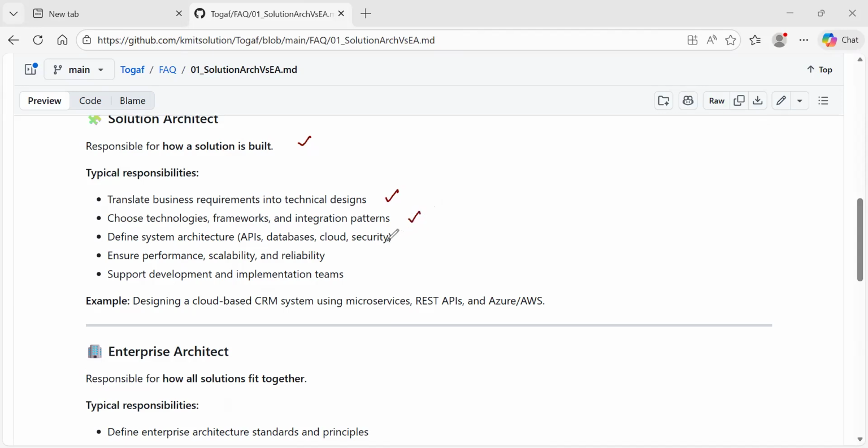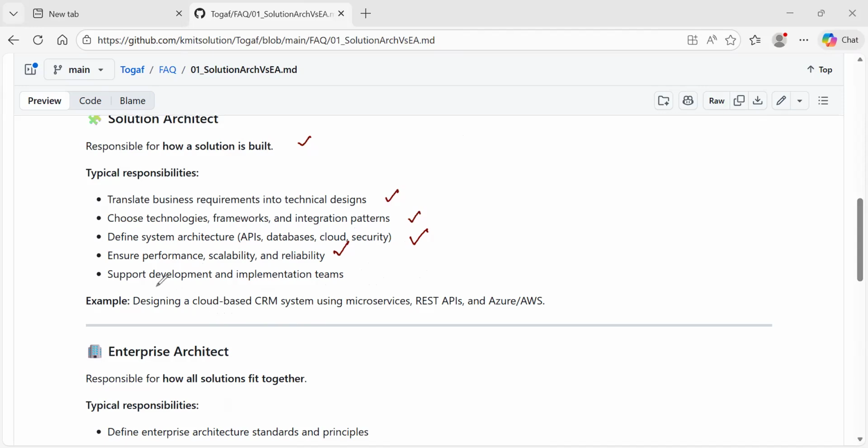So if you are a solution architect, you are basically deciding whether we need to go with AWS, and in AWS, which services we need to follow, right? So technology, frameworks, and integration pattern. It also defines the system architecture, meaning database, cloud, security, right? So those also come under the solution architect role. It will ensure that whatever solution they are providing, performance wise, scalability wise, reliability wise, it should be good, right?